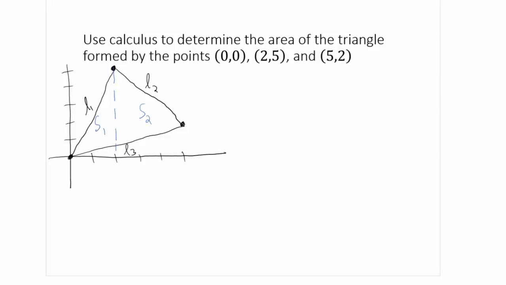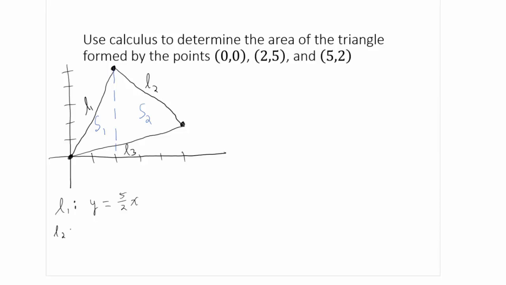Line 1's easy. It passes through the origin. It's going from (0, 0) to (2, 5), so the slope is 5 over 2. So line 1 is y equals 5/2 x. Line 2 is passing through (2, 5) and (5, 2). The slope is -1, and it passes through the point (2, 5).